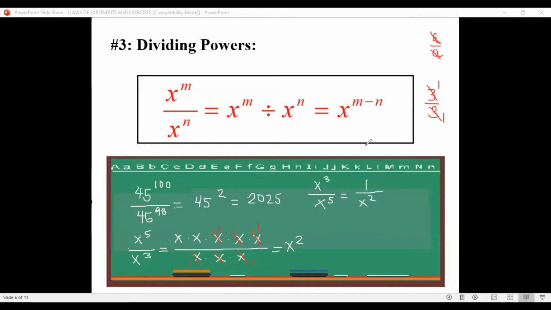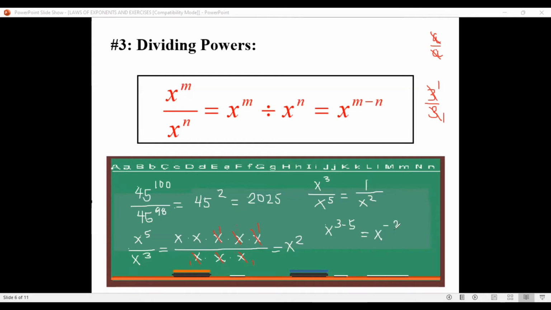Applying the subtraction rule, you have x raised to 3 minus 5, and the answer in subtracting 3 minus 5 is negative 2. So that is now x raised to negative 2.